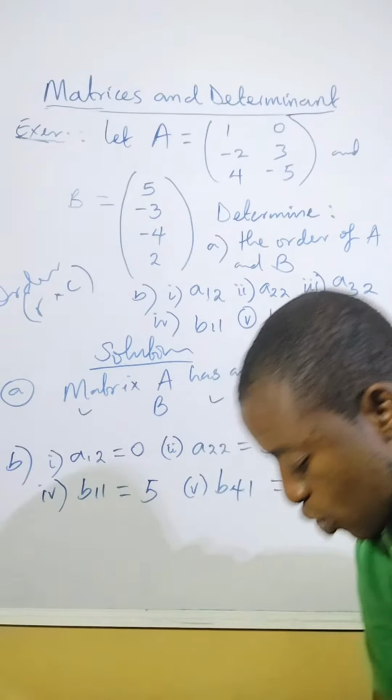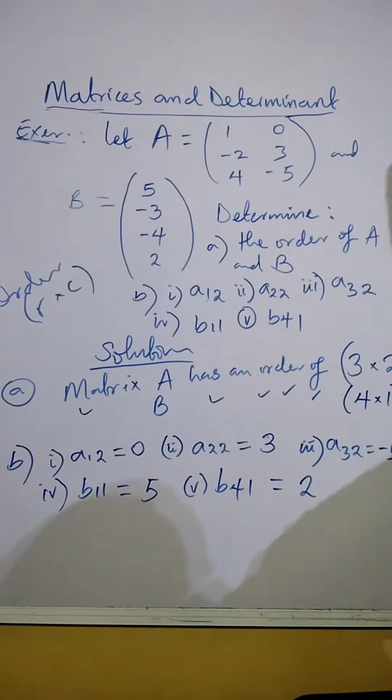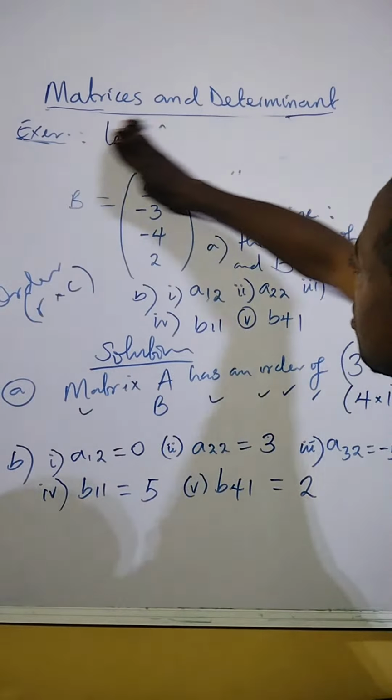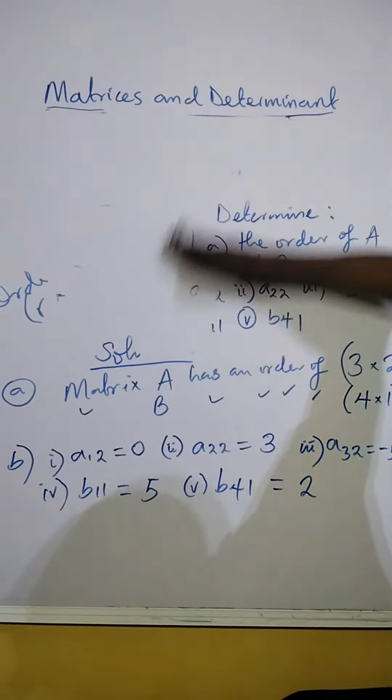Now we have some types of matrices. So let's look at the different types of matrices that we have.